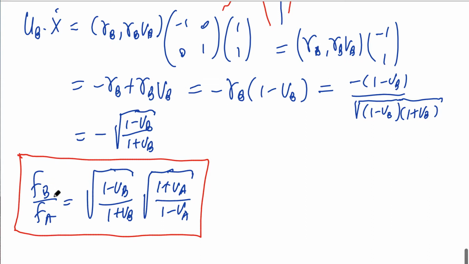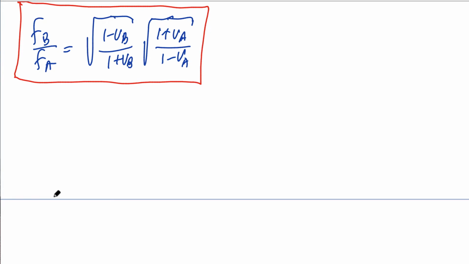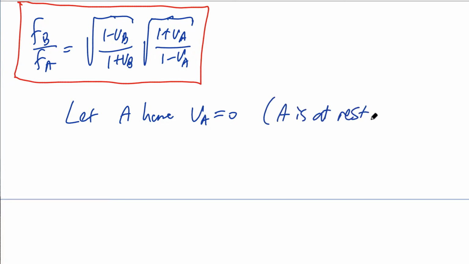And we can write this in a little bit more familiar way by letting the observer A have velocity equal to 0. And what that means is the observer A is at rest in the Minkowski frame.